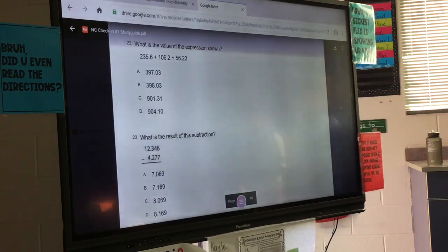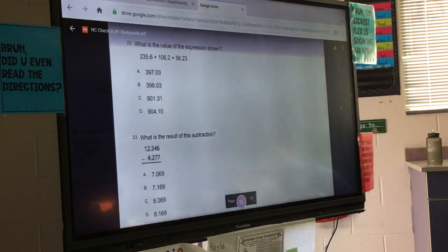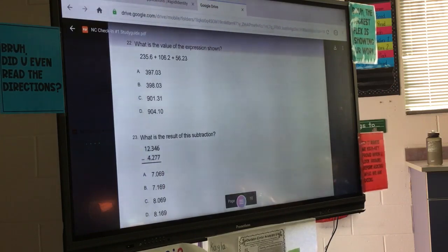Alright. What do we have to remember when we're adding decimals? What do we have to remember when we're adding decimals? Gabriel? The decimals have to line up. So if you did not line up your decimals, you're going to get the wrong answer for this problem, right?